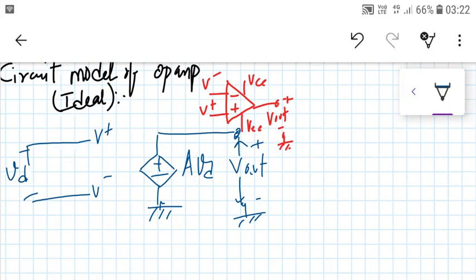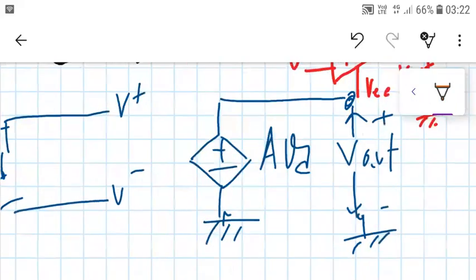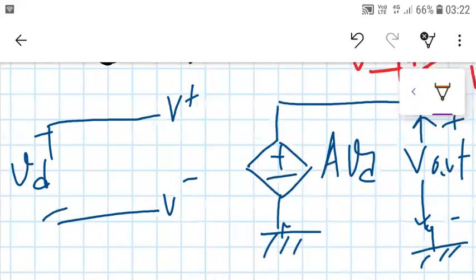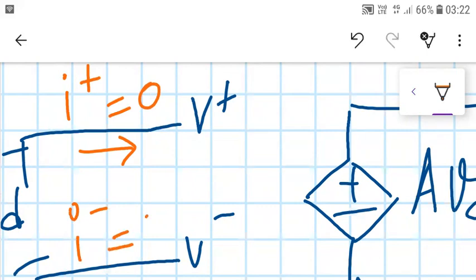Basically, we will learn many things from here also. It will give you information about the ideal characteristics of an op-amp. Since both the terminals are not connected, they are open basically, the current flowing into these terminals is almost zero. So I plus is zero, and here I minus is also zero.